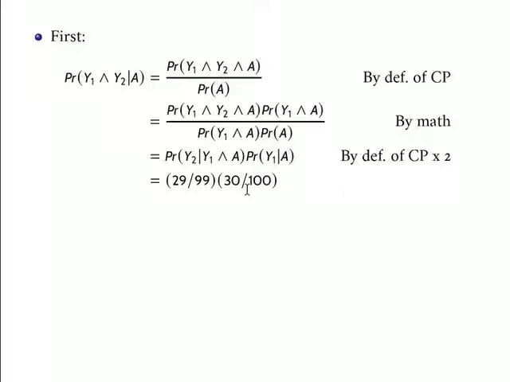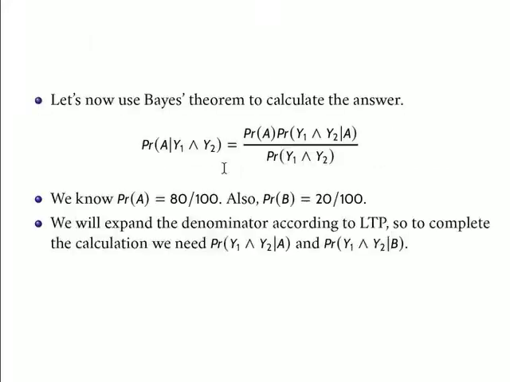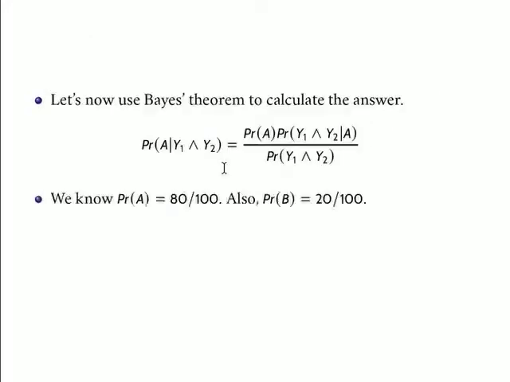And now, since we're assuming that we're not replacing the marbles after we draw them, that means that we know the probability of drawing a yellow on the second draw. If we're drawing from A and we've drawn a yellow in the first draw, we simply think of the 30 yellow marbles and 70 of the other color. The other color was red.